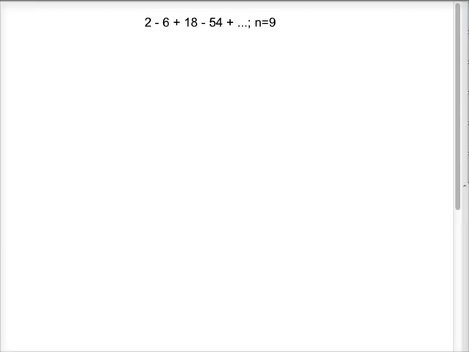So, one more example before I set you free to do your practice work. So here, I need my first term, which is 2. I need my n, which is 9. Then I need that r. Well, -6 divided by 2.